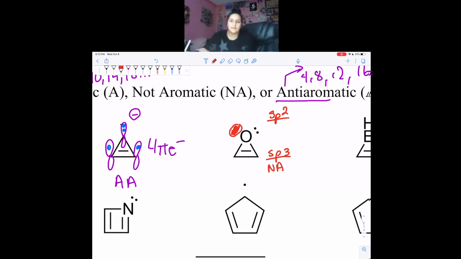And someone said anti-aromatic. Remember, to be anti, it has to follow the exact same rules, 1 through 3. So it has to be cyclic, planar, and fully conjugated. So sp3 would break the fully conjugated rule. So anytime we have sp3, it has to be non-aromatic.